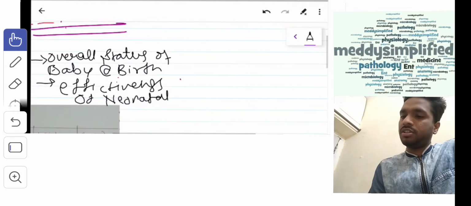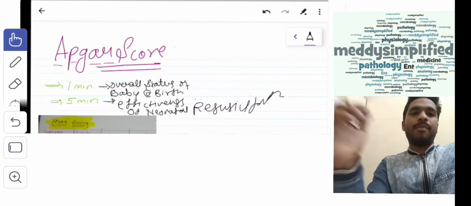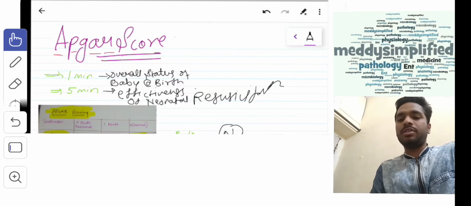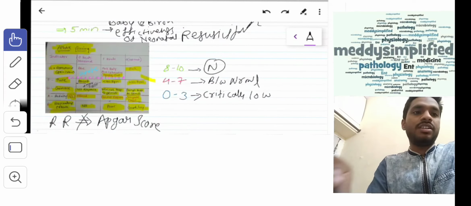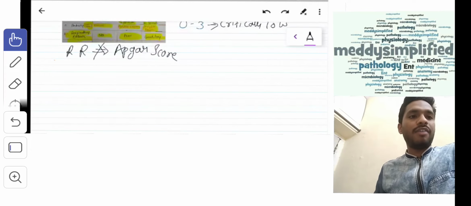So this was all about Apgar Score. Once again, Apgar Score is done to assess the health and vitals of the newborn at 1 minute and at 5 minutes. Every indicator has 0 to 2 points, with the values I have already mentioned.